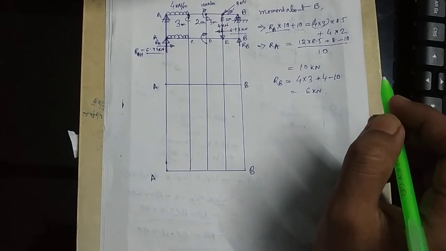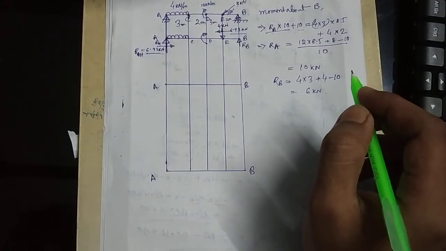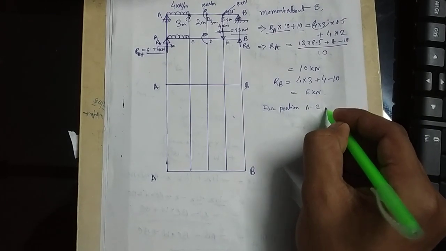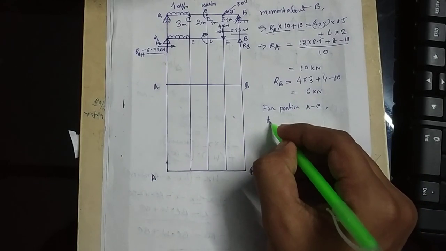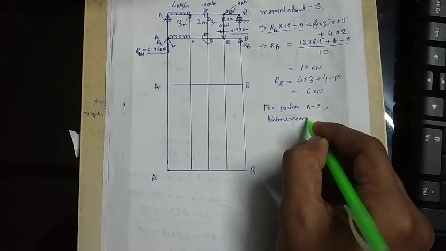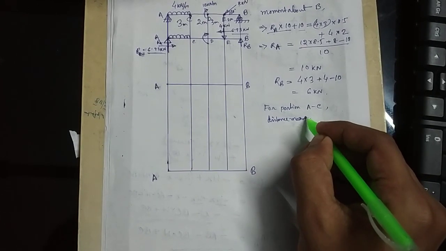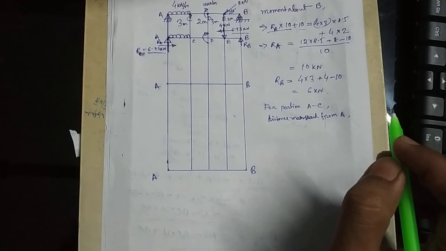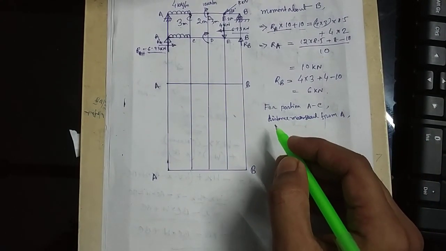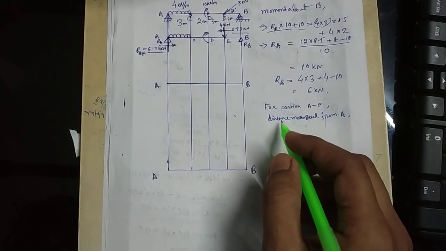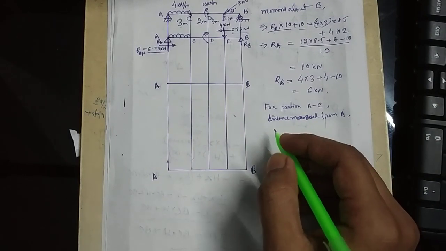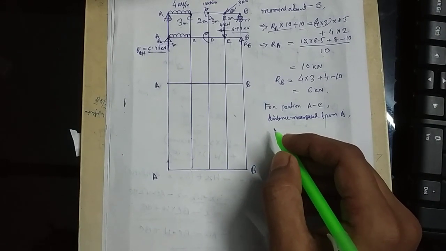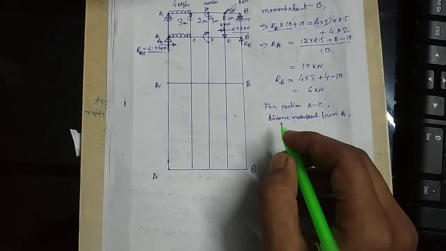Now RA and RB are known, so we go for the diagram. Then for portion AC, the distance is measured from A. Section XX is taken between A and C. Because of the force RA the shear force will be positive, and because of the uniformly distributed load the shear force will reduce as X increases.